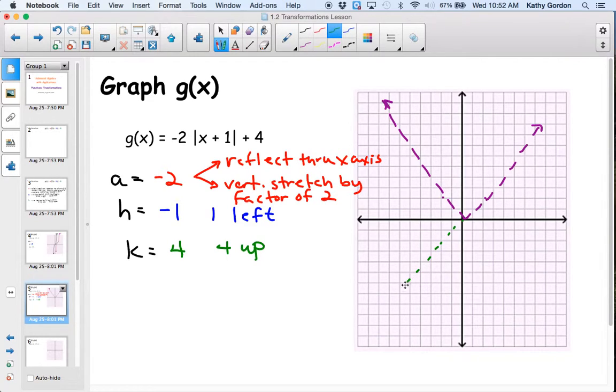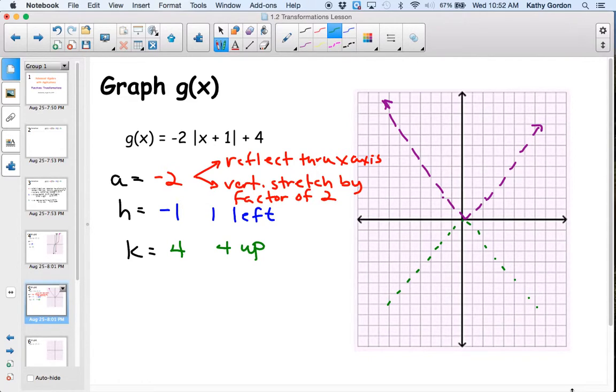So we know we're now dealing with a V that's going to have to go upside down. Now I'm not drawing it yet because that's just the first step, but it's giving me an idea visually of what has to happen first. I'm going to turn it upside down, and then I'm going to stretch it by a factor of 2.